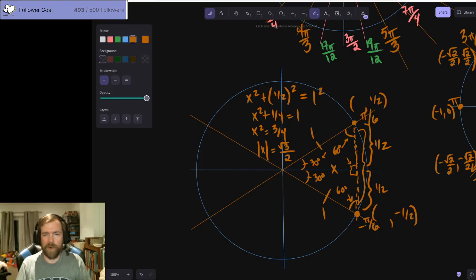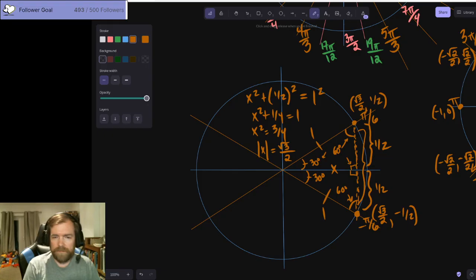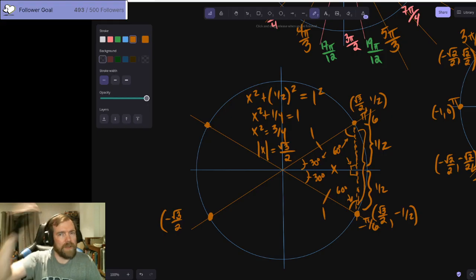And all you have to do is remember context, right? Positive that way, negative that way. That's it. So we've got here root 3 over 2 comma 1/2, root 3 over 2 comma negative 1/2, and then we just go to the other side. But again, you wouldn't need to memorize it, because now you can just derive them.